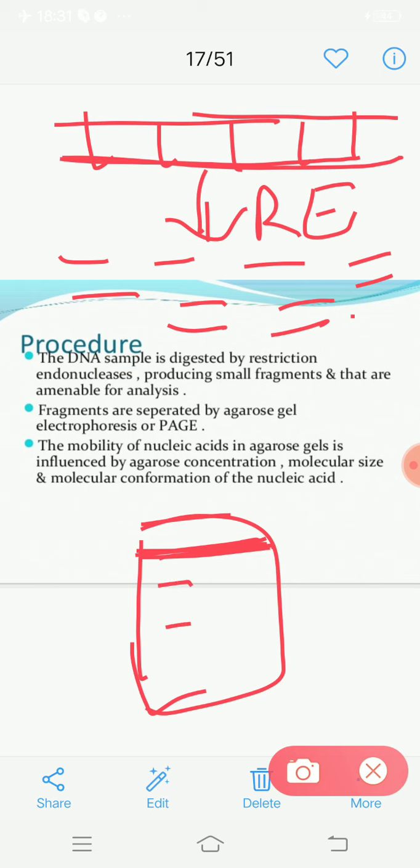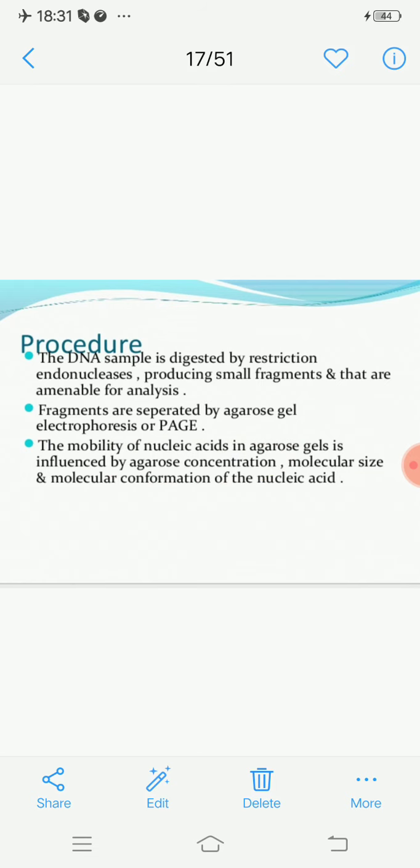So mobility of this DNA bands depends upon what? Agarose concentration. It is an important thing. Then the molecular size and molecular conformation of this nucleic acid. So this separation is also done on the basis of agarose concentration, size, and the conformation of that nucleic acid.